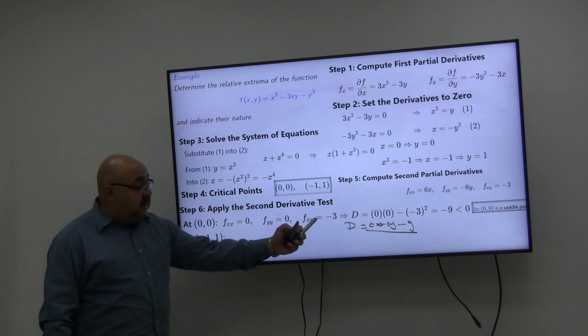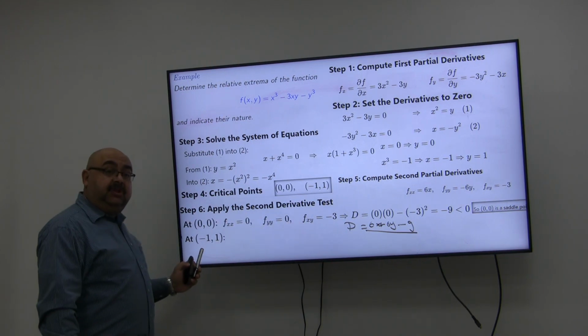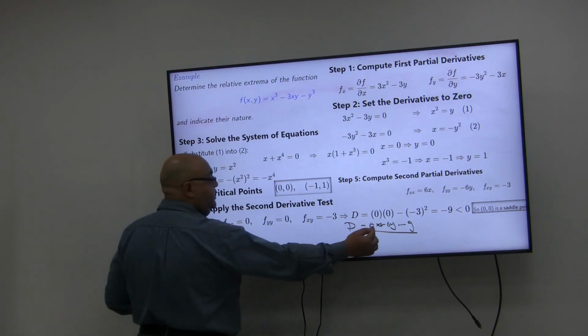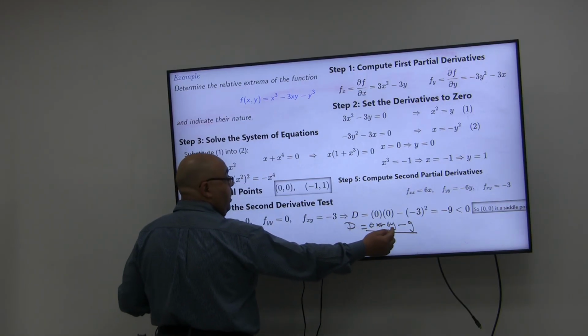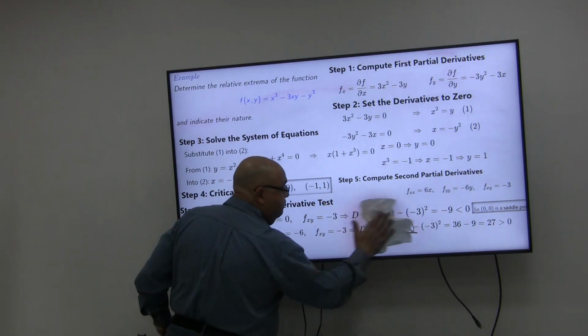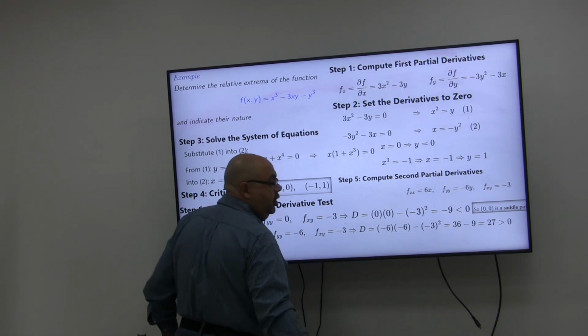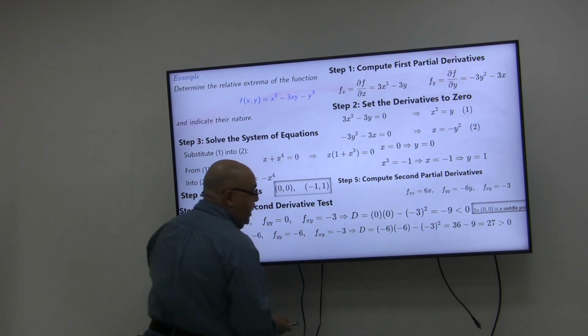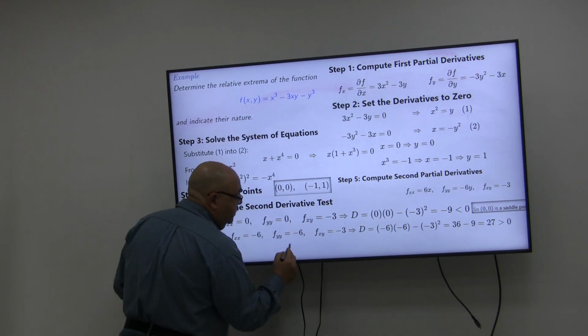I will do exactly the same, but with the substitution of -1 and +1. So all I have to do is to just replace x by -1, y by +1, and see the result. Making the substitution, it will give you 27. In this case, I have D greater than 0.